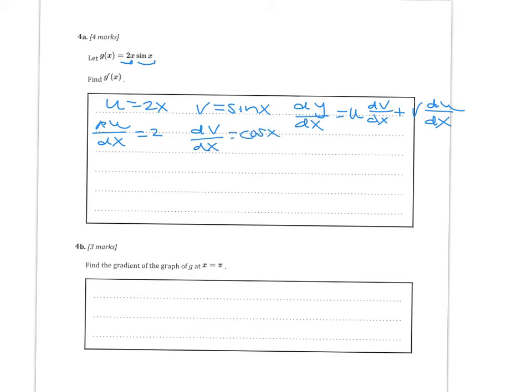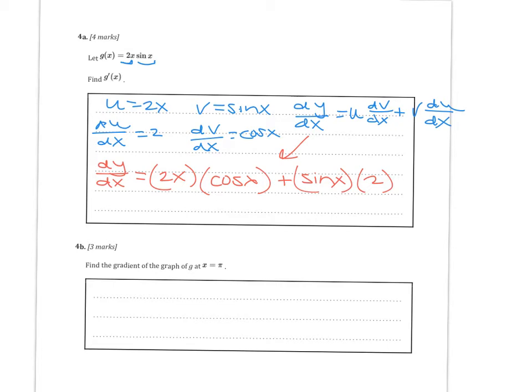And then we need to substitute on into the product rule. u we already know is 2x. dv/dx we already know is cosine of x. v we know is sine of x. And du/dx is 2.